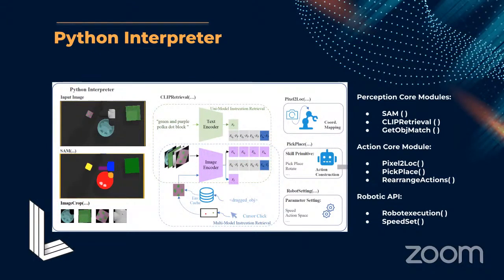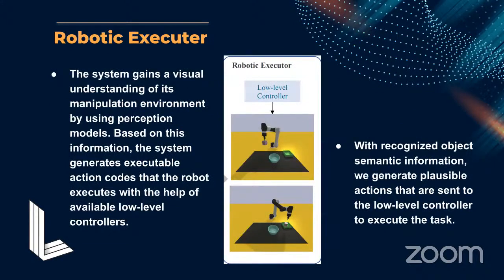Next slide, please. Based on all the information acquired by the different components, the system is able to generate executable action code that is executed with the help of the available low-level controllers. We feed the LLM the prompt that has all the in-context examples, and the LLM generates the policy code we are looking for.